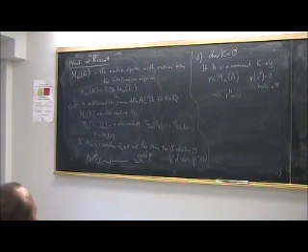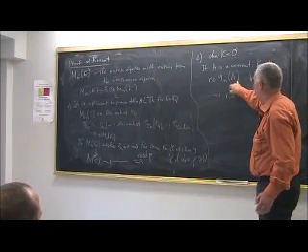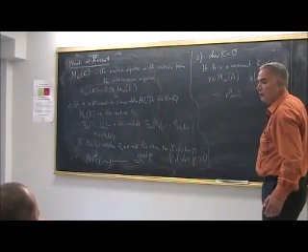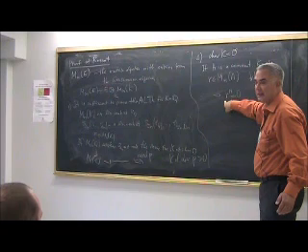So if you have an n by n matrix with entries from a commutative algebra and all the traces are 0, then the n-th power of the matrix is also 0.